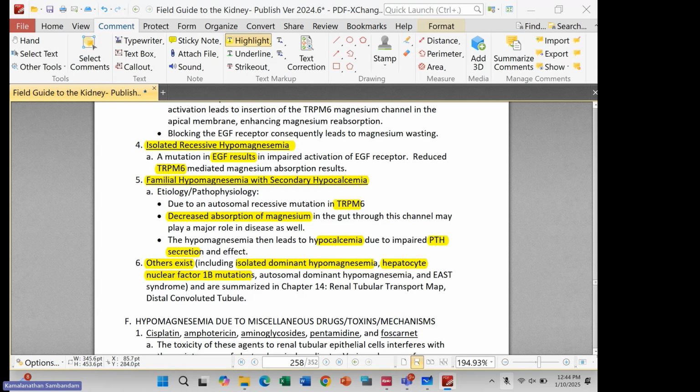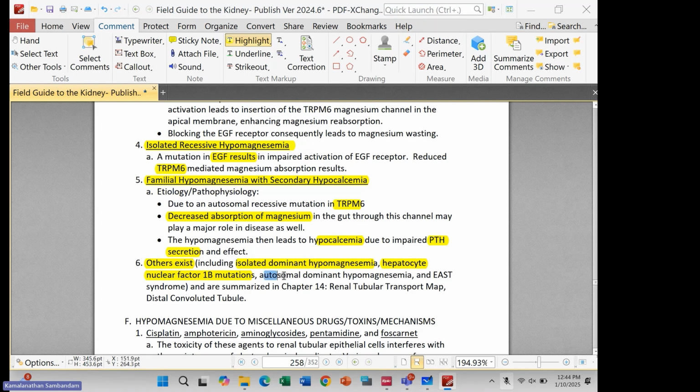Used to be, we would call the familial form of diabetes one of your maturity onset diabetes of the young, right? One of your MODY syndromes. In general, the rubric seems to be migrating away from that. But this hepatocyte nuclear factor 1b mutation has a characteristic feature of cystic kidney disease as well as insulin resistance that manifest in addition to the magnesium deficiency.